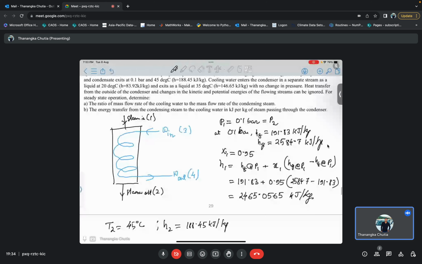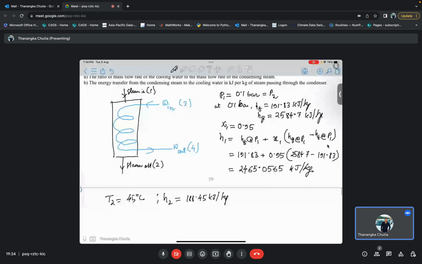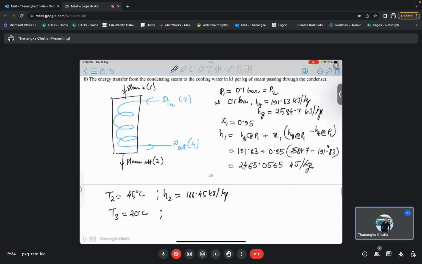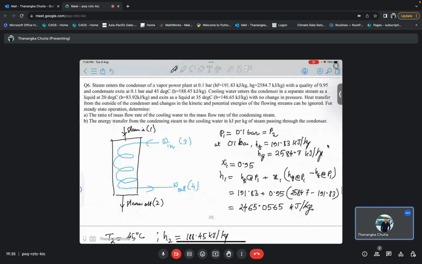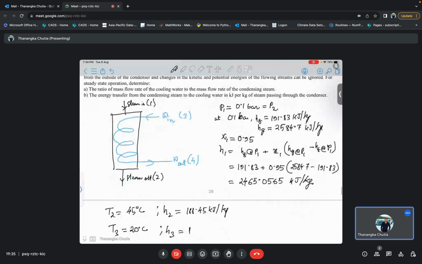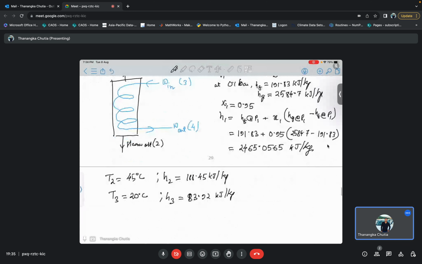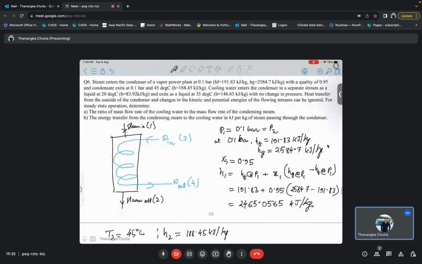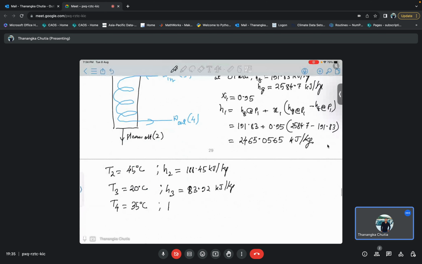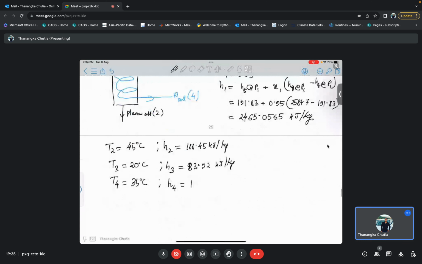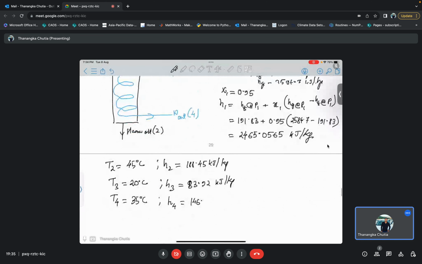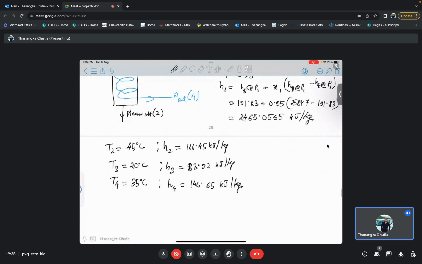So what it is telling us next is, T3 is 20 degrees Celsius, and your H3 is 83.92 kilojoule per kg, and T4 is given as 35 degrees Celsius, and H4 is given as 146.65 kilojoule per kg.